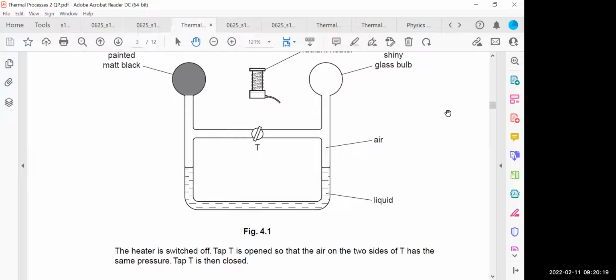Kezia, why does the liquid level fall? Because the matte black glass bulb absorbs more heat, which makes the air expand. When air expands, it has more kinetic energy to move around, which exerts pressure on the liquid, and therefore the liquid will fall.